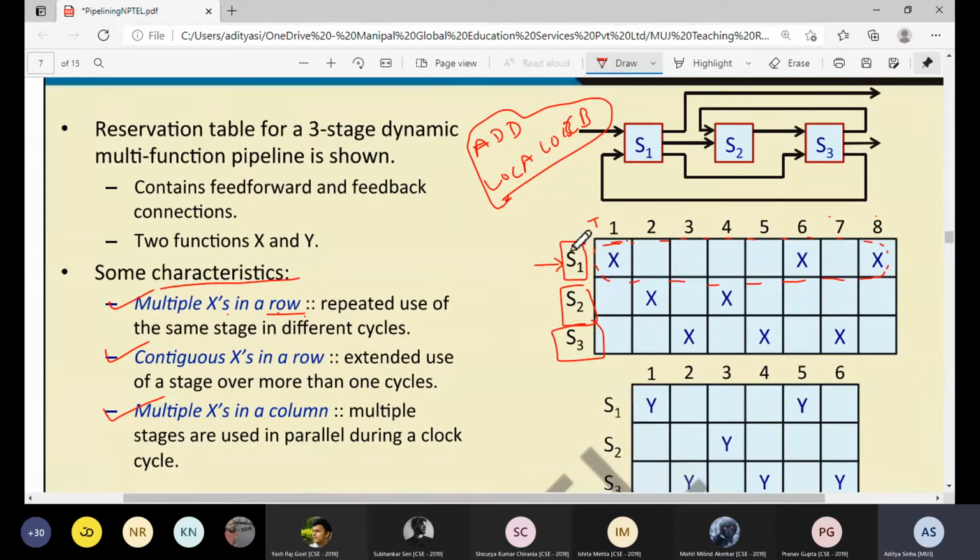So this S1, since it's a normal example, it's not covering a specific case. इसका मतलब ये होगा multiple x's in a row का मतलब ये वाला S1 operation is getting used in T1, T6 and T8. Similarly S2 is getting used in T2 and T4.